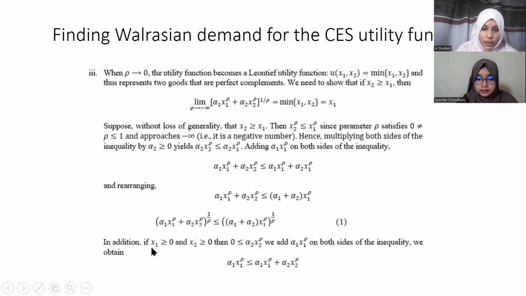In addition, if x1 is greater than or equal to 0 and x2 is greater than or equal to 0, then 0 is less than or equal to alpha 2 x2 to the power rho. Then we add alpha 1 x1 to the power rho on both sides of the inequality. We obtain alpha 1 x1 to the power rho is less than or equal to alpha 1 x1 to the power rho plus alpha 2 x2 to the power rho.